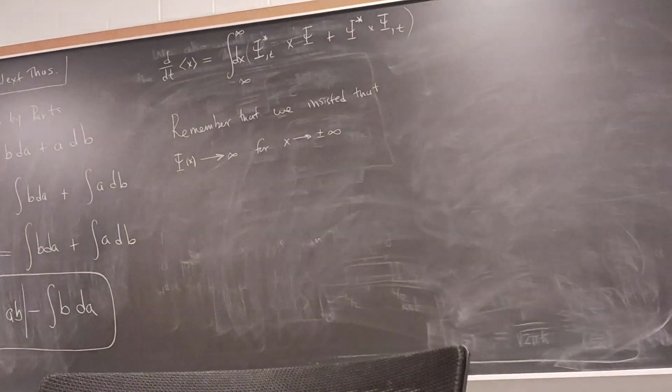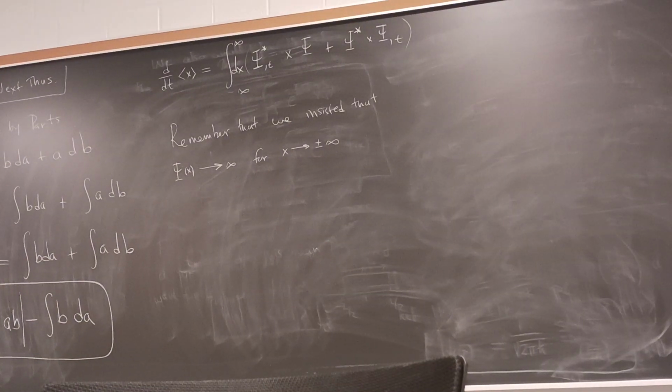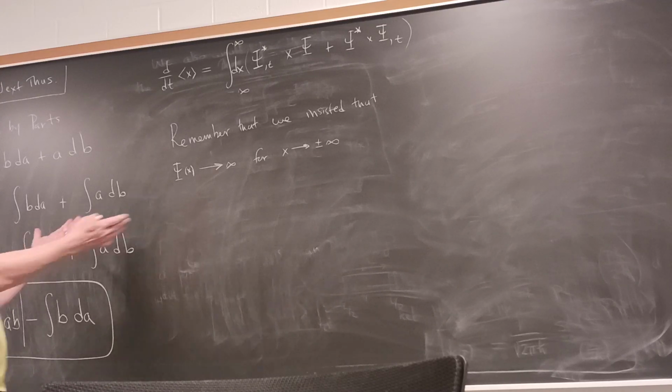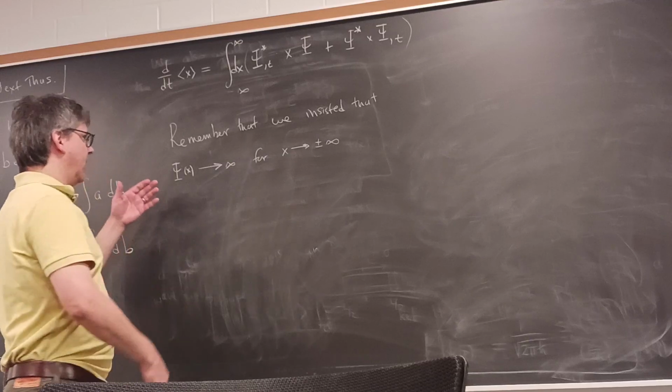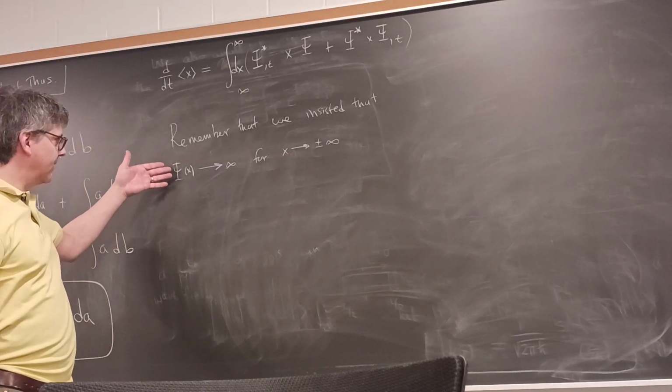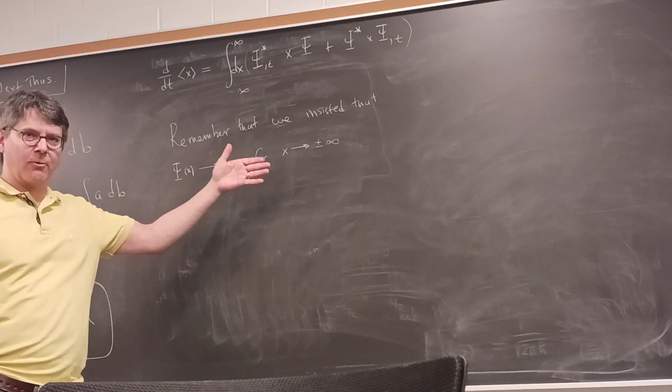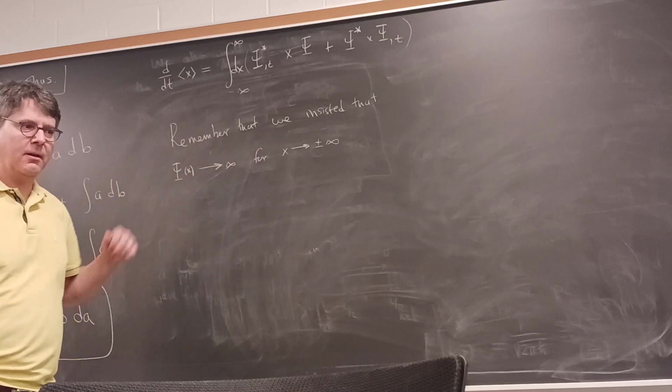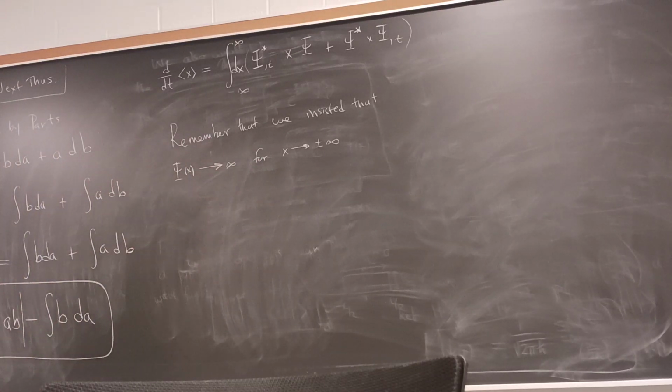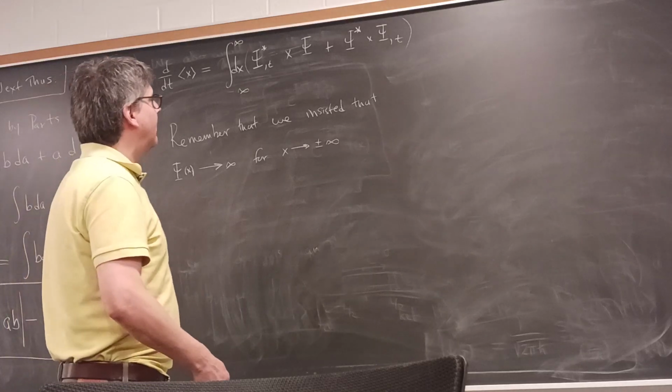The wave function itself just vanishes because we're expecting the particle to be somewhere, and it can't be finite as x goes to infinity. Otherwise, it wouldn't satisfy the normalization condition also. Okay.